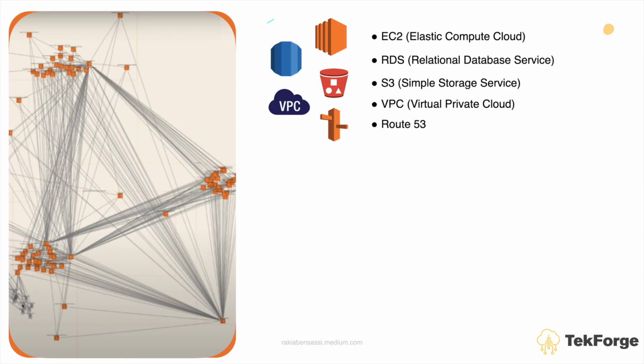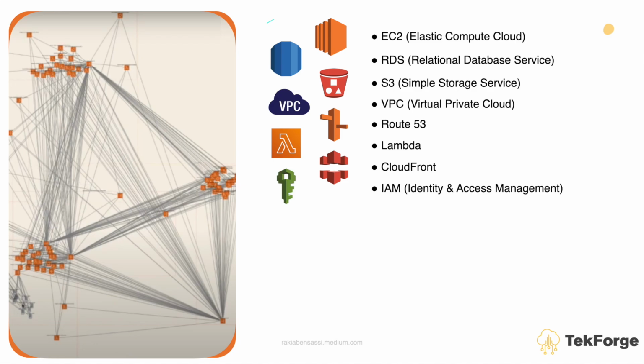Route 53, DNS configurations and how they relate to other resources, AWS Lambda, along with their triggers from other AWS services, Amazon CloudFront, distributions and their connection to S3 buckets or other origins, AWS IAM, or Identity and Access Management, which is a visualization of roles and their relationships to other services.